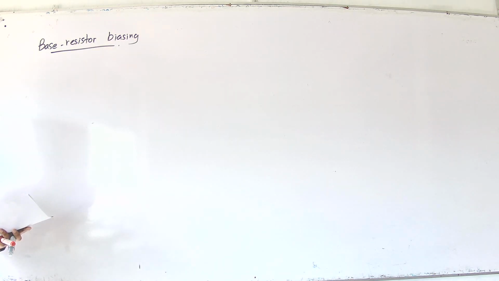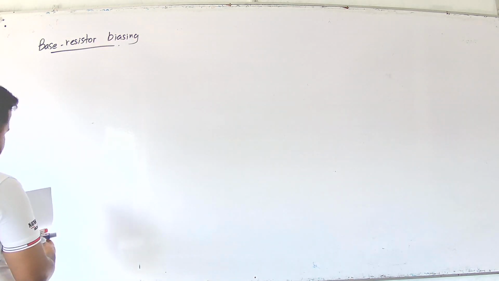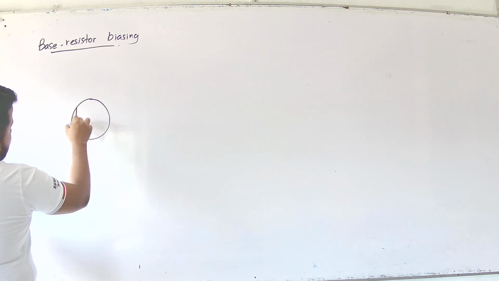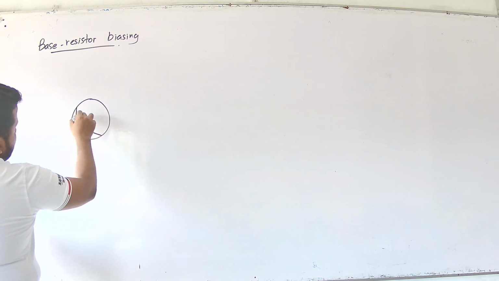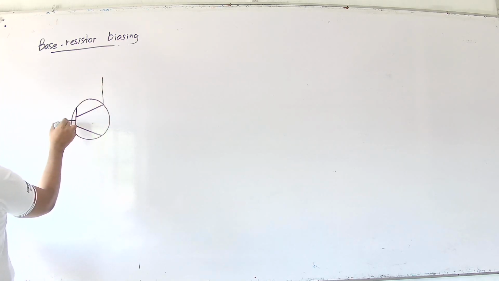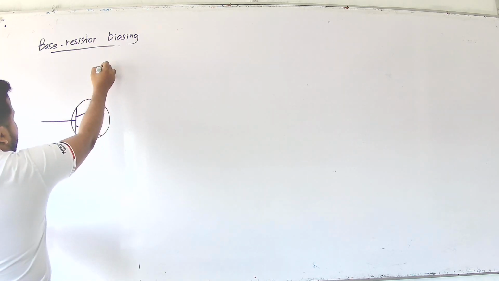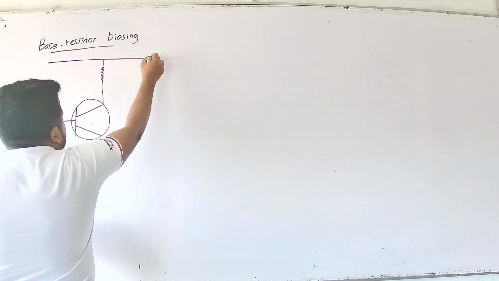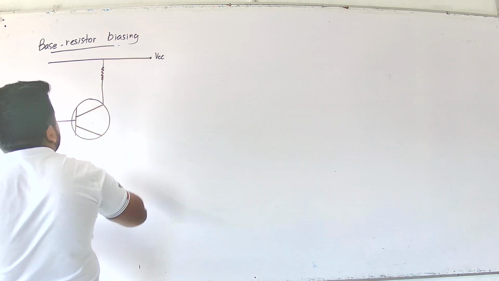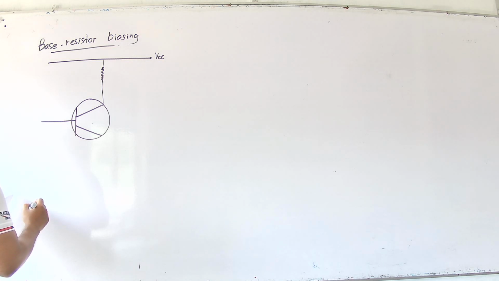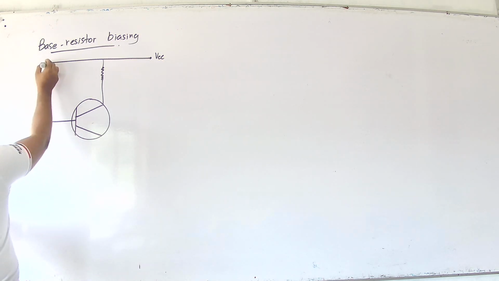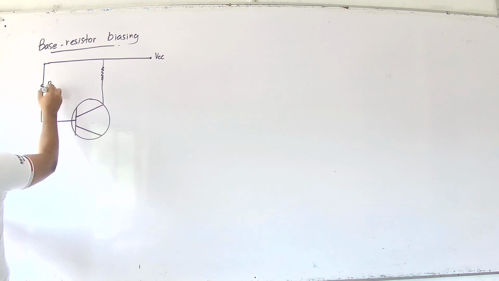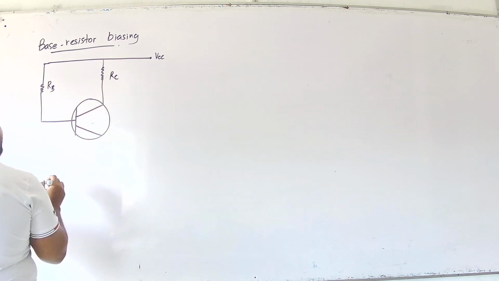So in this case, we need to use a resistor. This is VCC. This line has RB and RC.